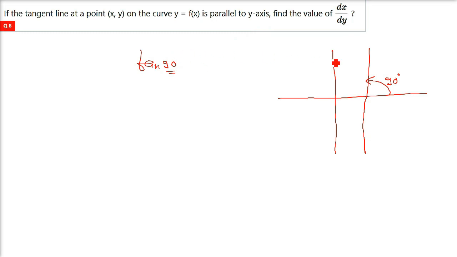A tangent line which is parallel to the y-axis, the angle from the anti-clockwise direction of the x-axis is 90 degree. Tan 90 degree is what? Infinite. So the answer should be infinite. But I would like to show you one more angle to this, because in various solutions, various resources, I would like to put it in front of you.